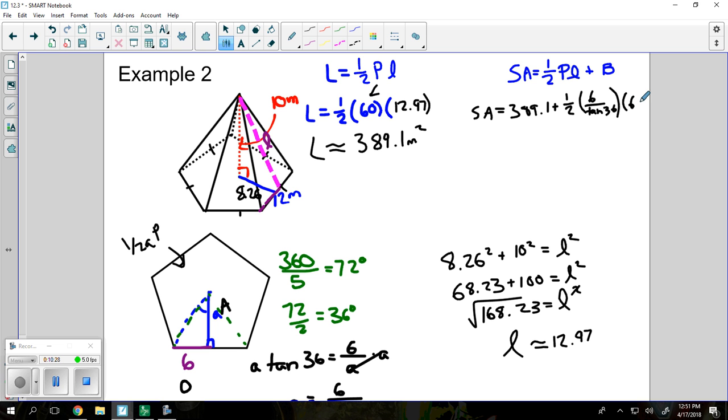So that would go at the end. And then you can key it all at once. I would do a little bit mentally first, like in this case, a half times 6 gives me 3. 3 times 60 could become 180. So I would avoid typing it all at once, and I'm just doing 389.1 plus 180 divided by tangent 36.